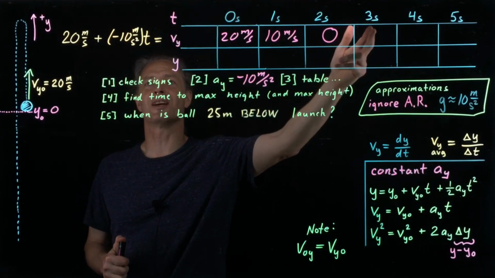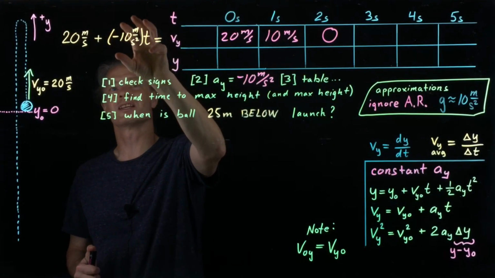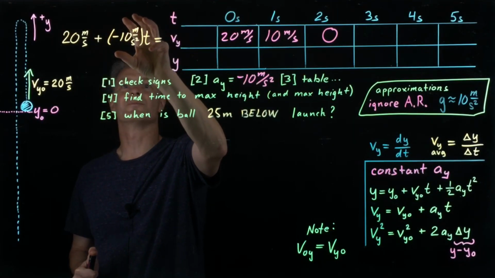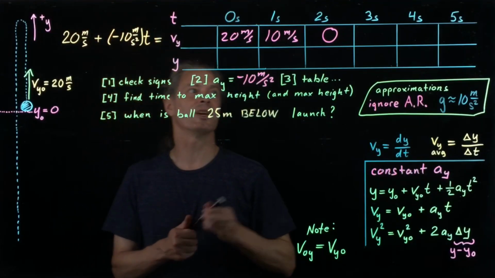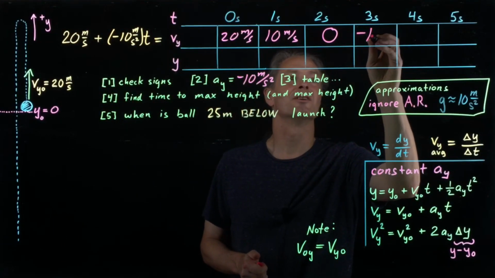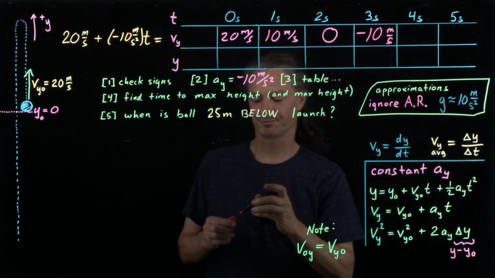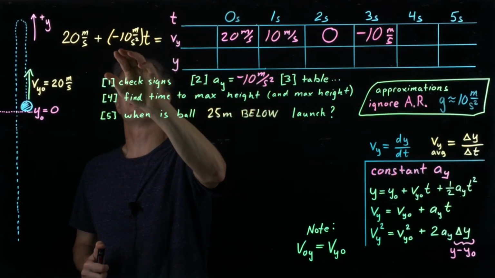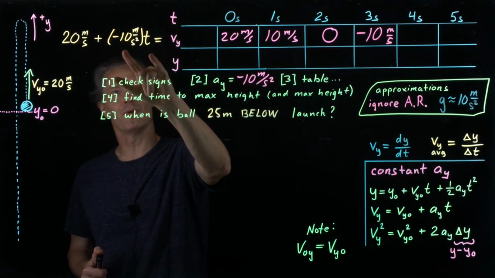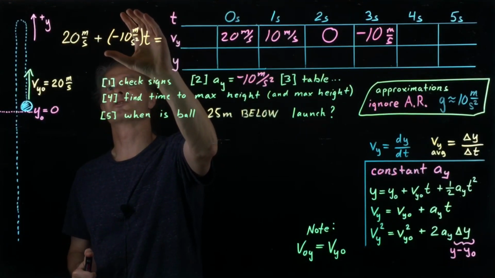At time 3 seconds, plug that in for this time here. 3 seconds times negative 10 meters per second. So I'd be adding a negative 30 meters per second to 20 meters per second. I'll have minus 10 meters per second. At time 4 seconds, negative 10 meters per second times 4 seconds gives me negative 40 meters per second.